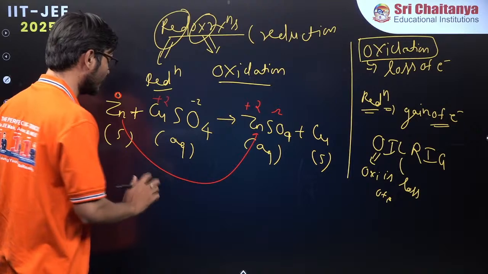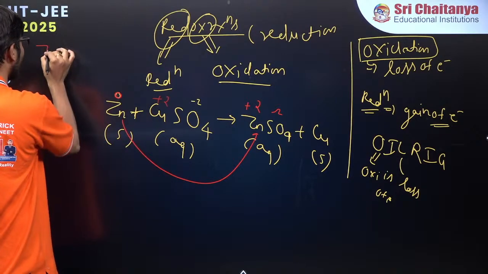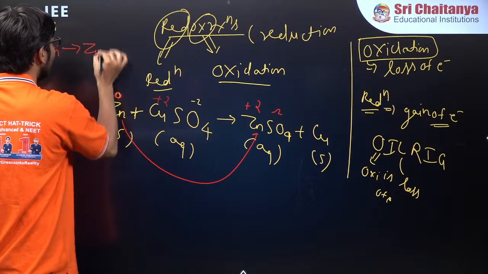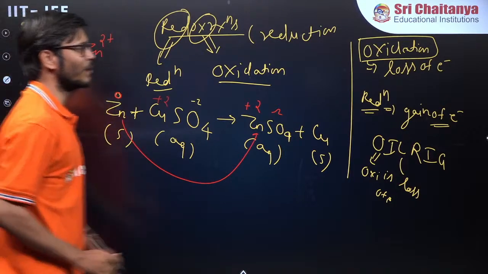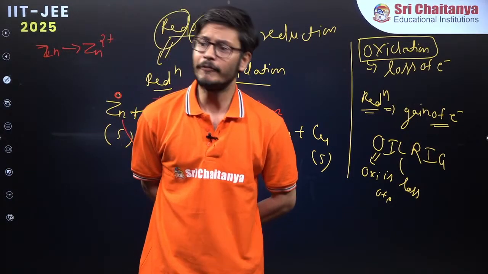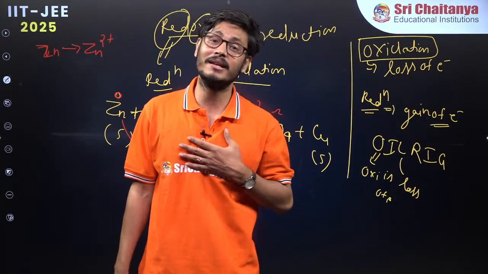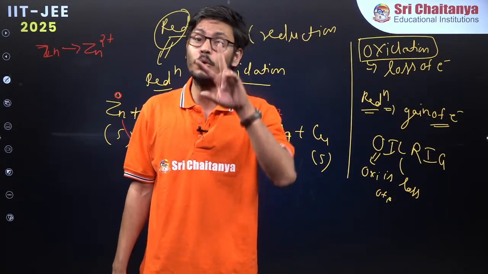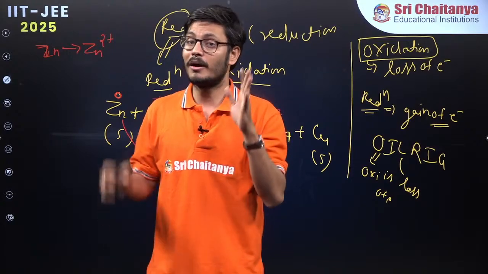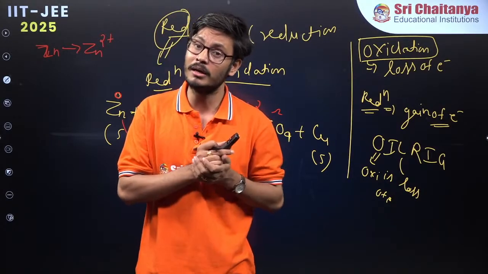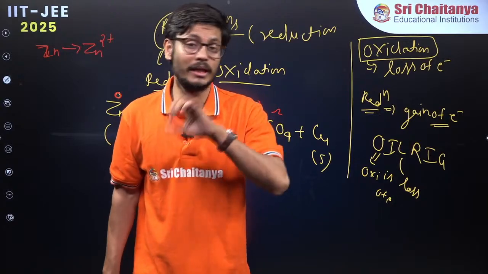So what happened is zinc has been converted into Zn2+. If it has been converted into 2+, as we have learnt in the initial classes, it has to lose 2 electrons. Because the zinc atomic number is 30, so 30 protons and 30 electrons, we don't touch the nucleus to create any charges.